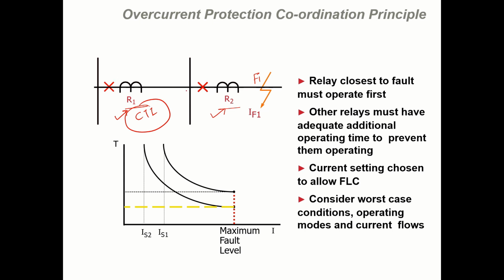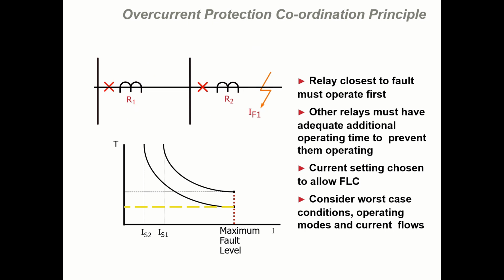Now if you see, R1 is operating after a certain time delay of R2, which means R1 is basically a backup of R2, and whenever there is any backup protection, it will be inherently slow as compared to the primary protection. So in this case, R1 will be slower than R2.